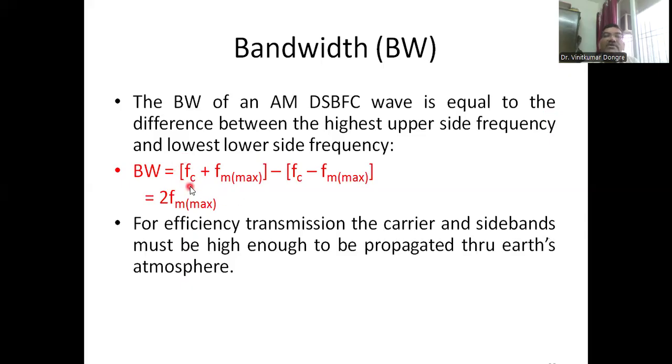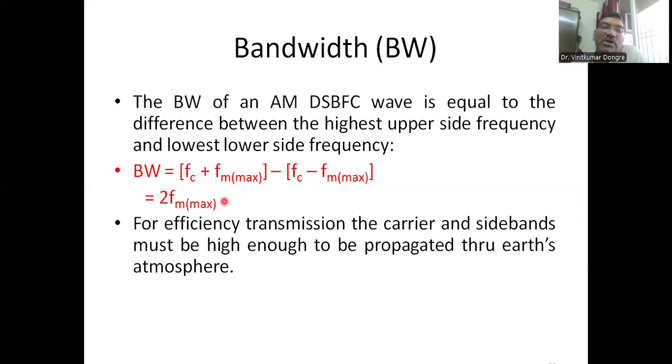FC is your carrier frequency, FM is your modulating frequency. So carrier frequency plus modulating frequency is your upper sideband, and this is your lower sideband. If you simply subtract, the FC will cancel out and this will be 2 times FM, where FM is the maximum frequency of your modulating signal.